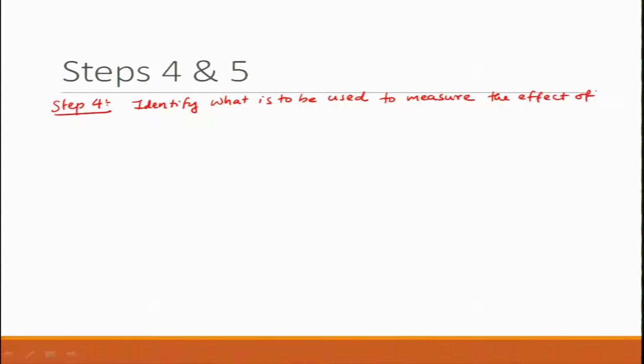Okay. So step 4 is ideally to identify what is to be used to measure the effect of the independent variable.